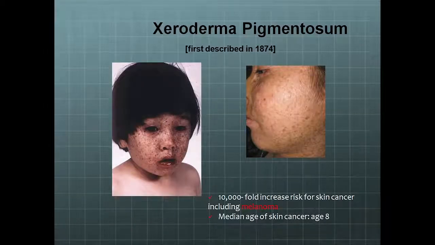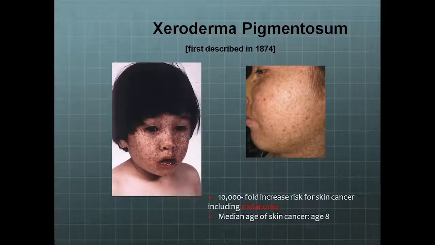past year or two. Xeroderma pigmentosum, most of you know this clinical phenotype disease, first described in 1874. So we knew about the UV and melanoma link for decades and centuries, really. We knew that patients with xeroderma pigmentosum, a recessively inherited disorder, have high risk for melanoma and lentigines.